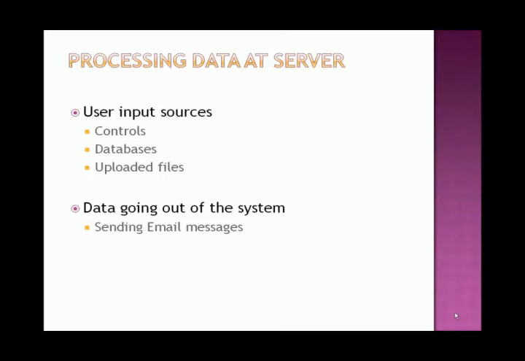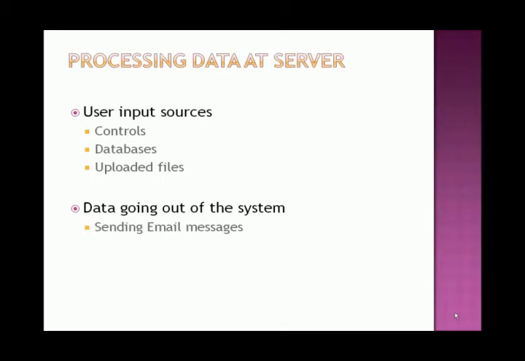The input sources for data processed at the server can be user controls, like the contact form that we created last week, where users type in information. The data could come from database tables and database fields. It could be files that users upload to the server or a web page, text files, XML files, and it could come from web services.